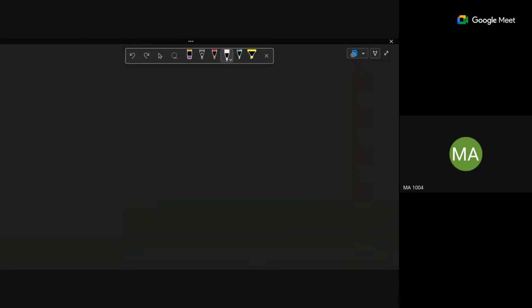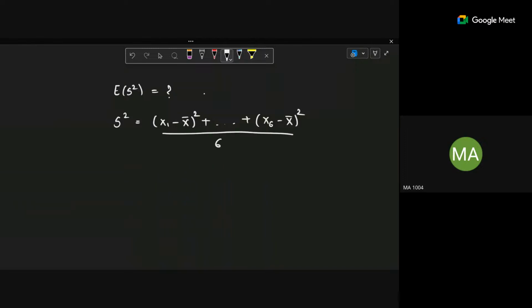So the easiest thing is they have asked us a very easy question, that is expectation of S square, right? And S square is given to us as (x1 minus x bar) the whole square, and so on, up to (x6 minus x bar) whole square, divided by 5, where it is also given that x1 to x6 are IID samples.